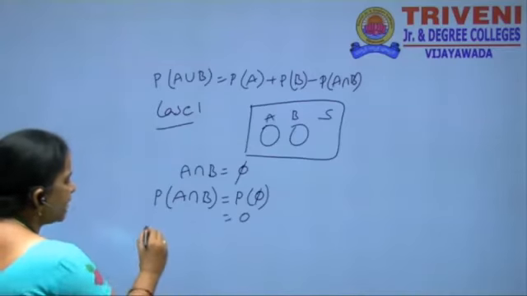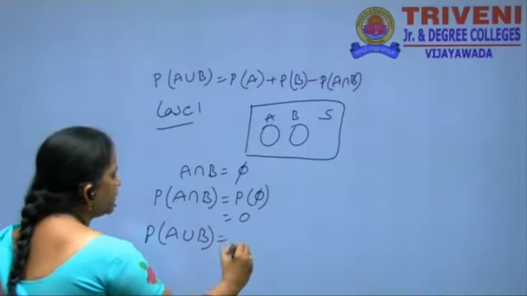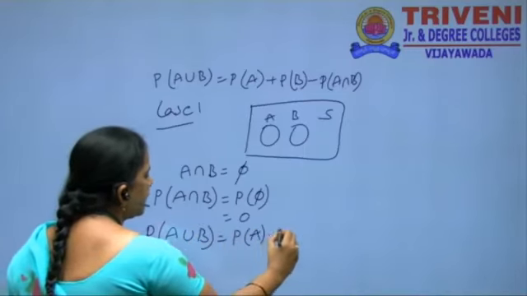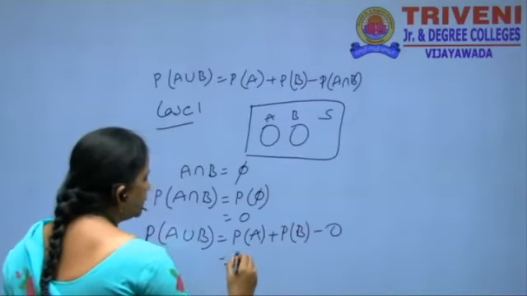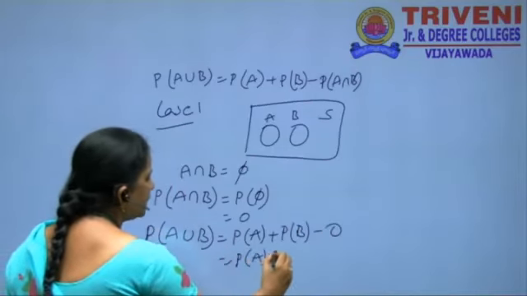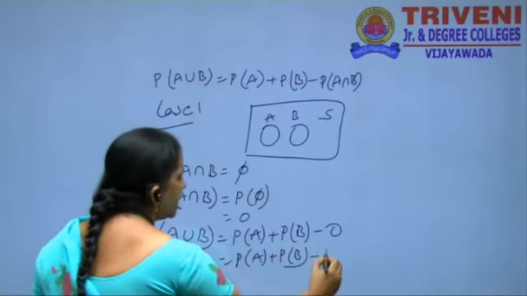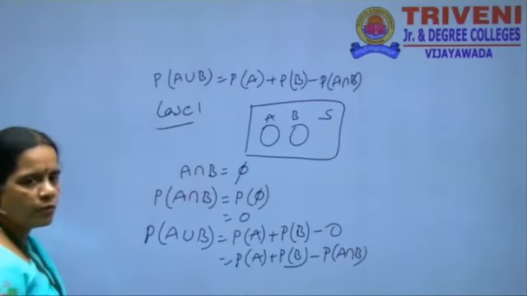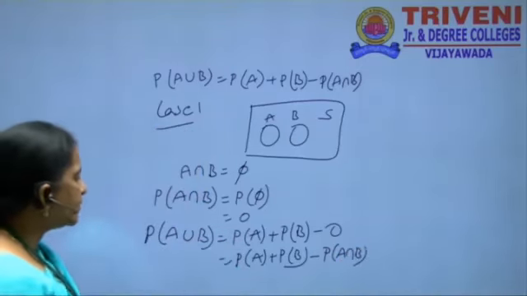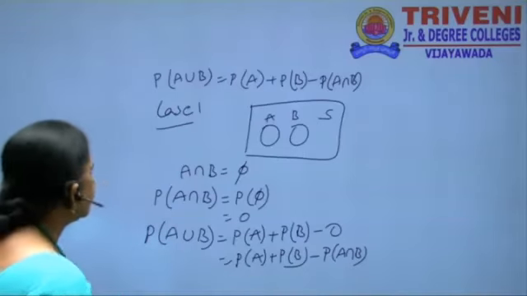By the definition of the probability, we know that P of A union B is equal to P of A plus P of B minus 0. We substitute in place of 0 here P of A intersection B. In case 1 we have proved P of A union B is equal to P of A plus P of B minus P of A intersection B.